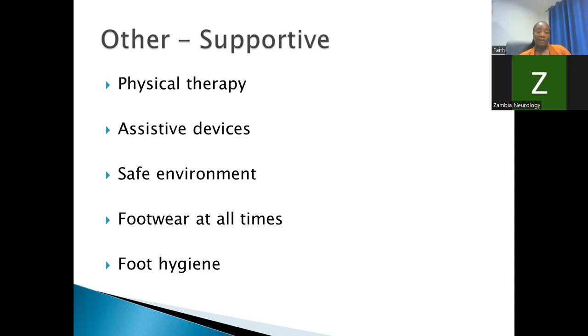We also want to ensure they have a safe environment. Remember, sometimes the peripheral neuropathy might be severe and they can lose sensation in their limbs, and so they are prone to injury. So you'd want to ensure a safe environment as well as having footwear at all times, as well as good foot hygiene so that in case of infection exposure, they might not get a severe infection.